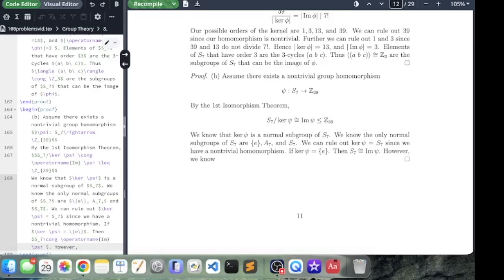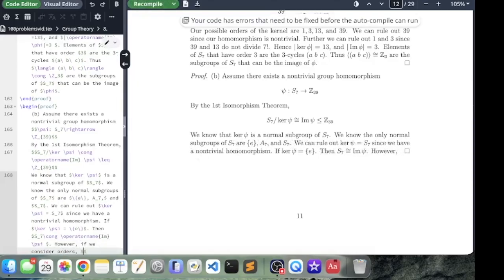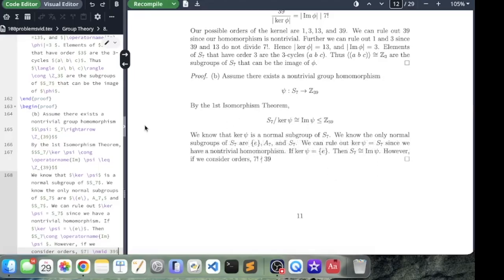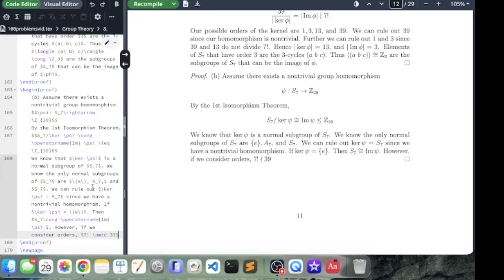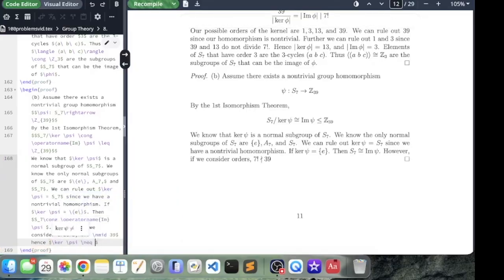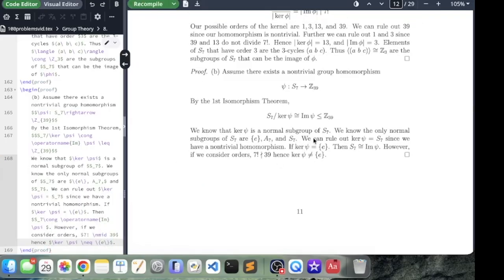However, if we consider orders, 7 factorial does not divide 39, since by Lagrange it has to divide 39, but it in fact does not. Hence, the kernel of psi is definitely not the identity subgroup.